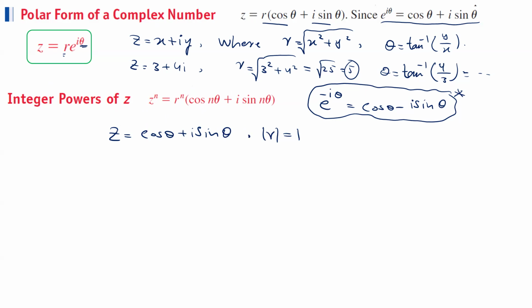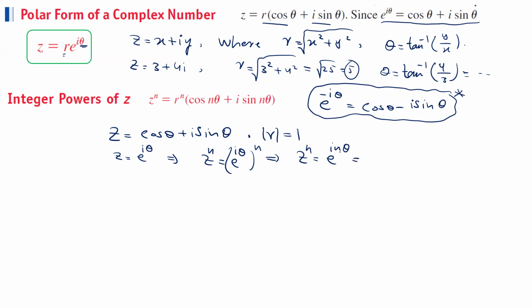And if I take the nth power of this one, I can write this in the short form, e to the i theta, and then take the nth power of this complex number, e to the i theta whole n. And this implies that z to the n is equal to e to the i n theta.